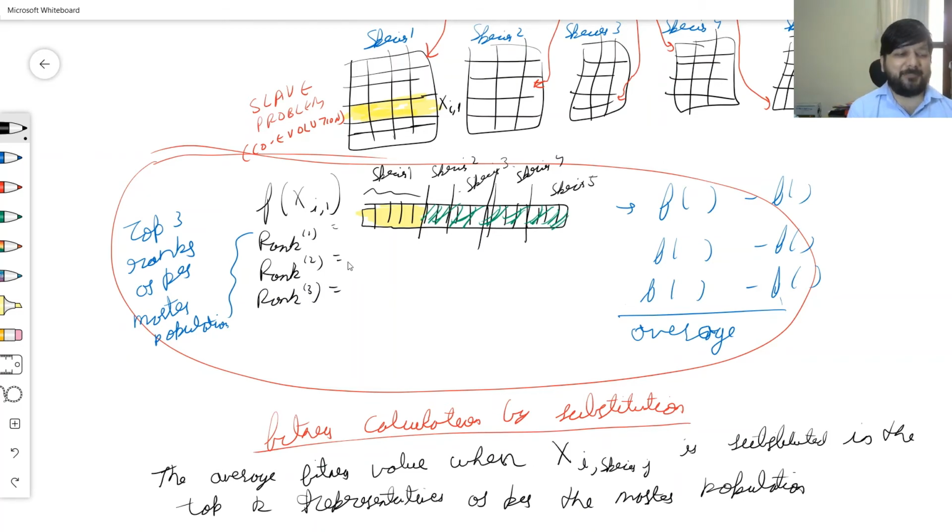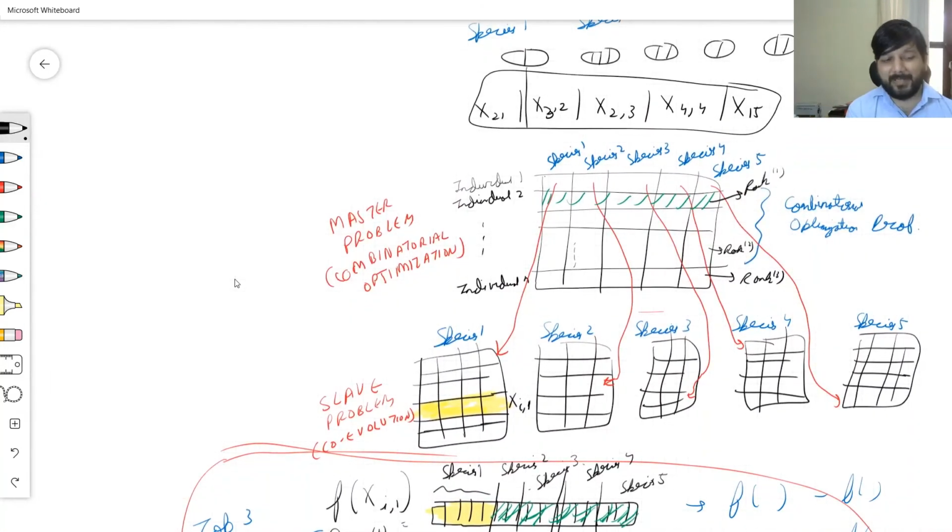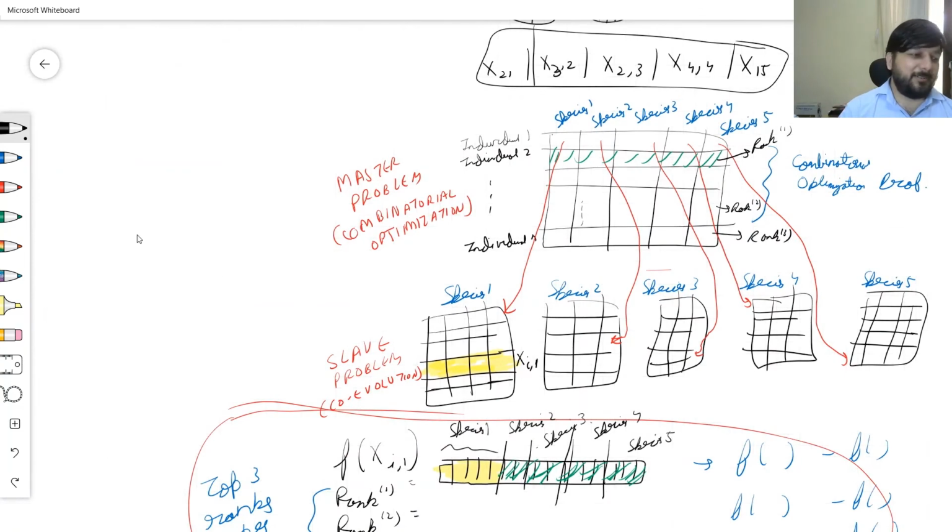Now there's another fitness value that you can use. So let's complete a few populations over here. In the previous one, from the master I was tracing the slave. Now from the slave, let's chase the master.